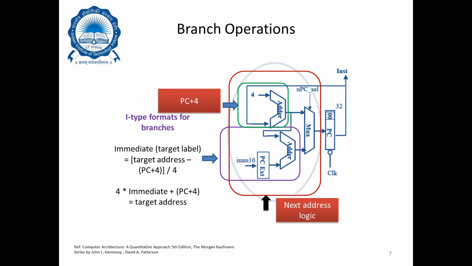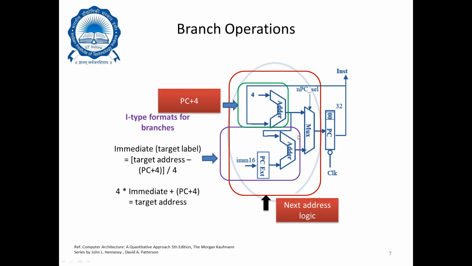So 32-bit multiplied by 4 gives you the value which you see in this portion. That being added with the PC plus 4 gives you the value of the target address for branching.